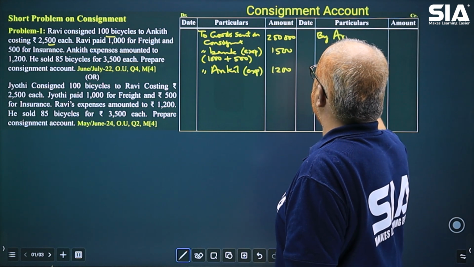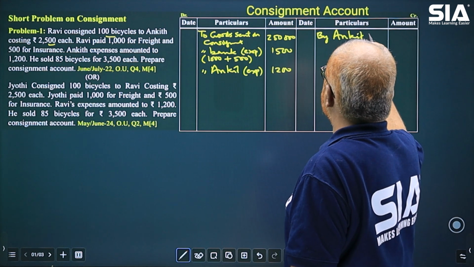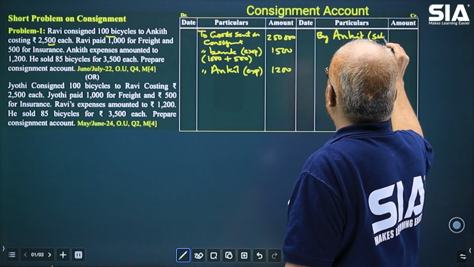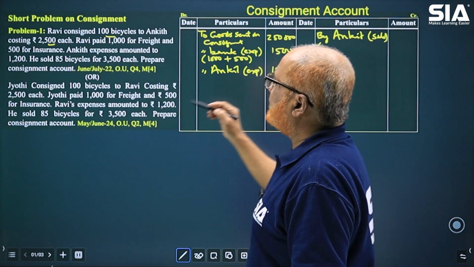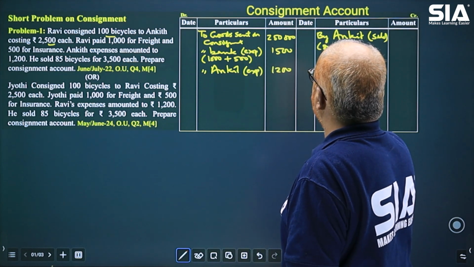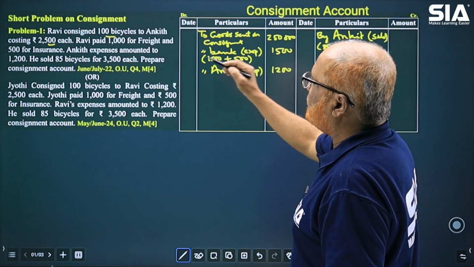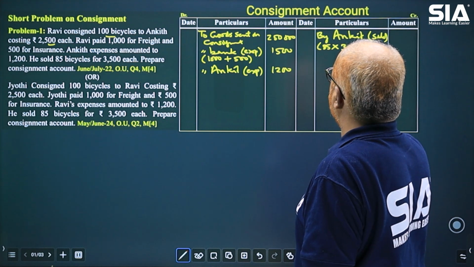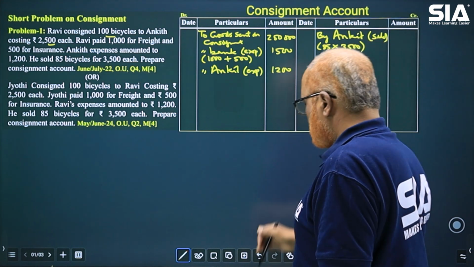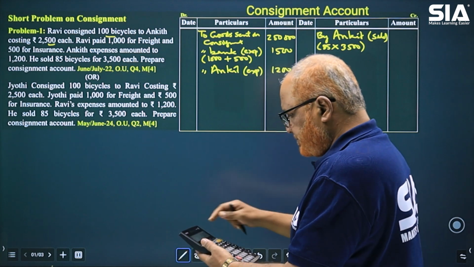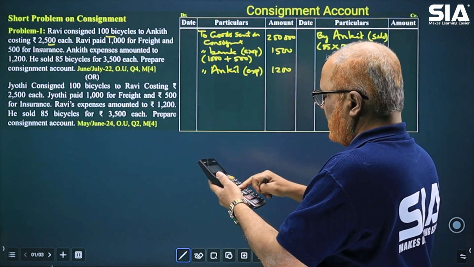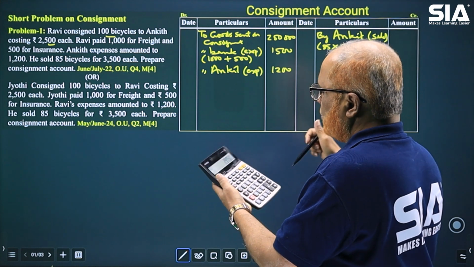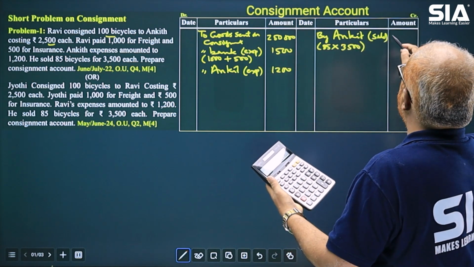So I'm writing by Ankit, sale. How many bicycles did he sell? 85 bicycles he sold. Each bicycle was sold for 3,500. So here we multiply 3,500 into 85. That comes to 2,97,500.